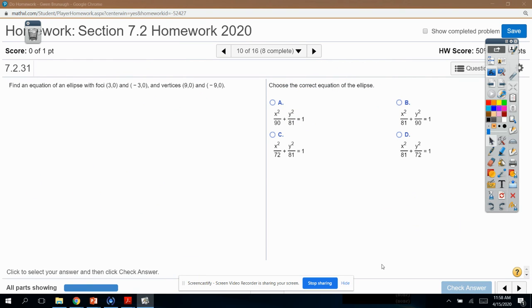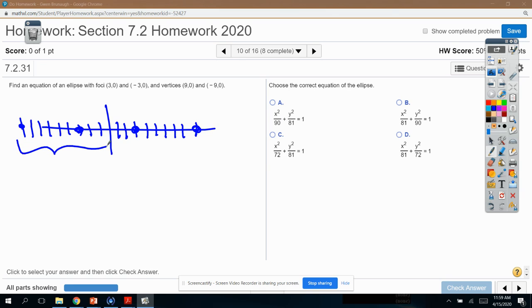All right, now this one, they're telling me where the foci are and the vertices. This is interesting. So if the foci are at 3, 0 and -3, 0, and the vertices are at 9 and -9, 3, 4, 5, 6, 7, 8, 9. What they actually are telling me is the a value.